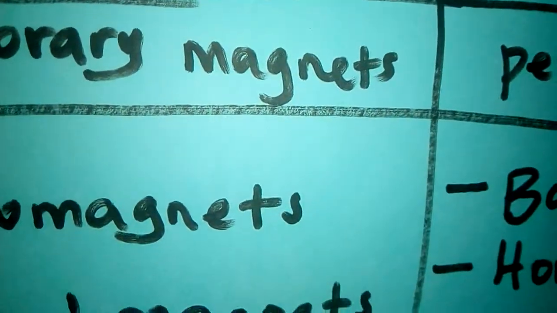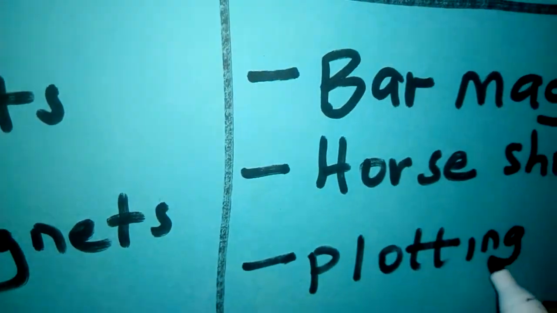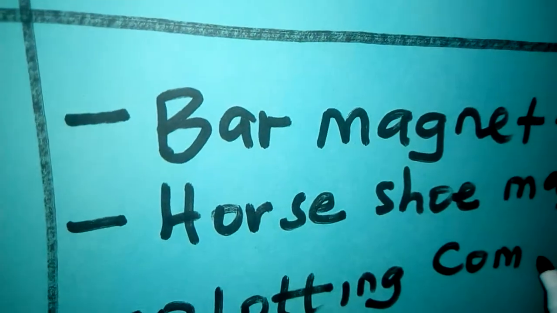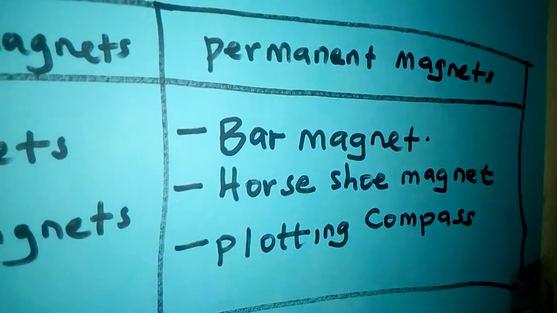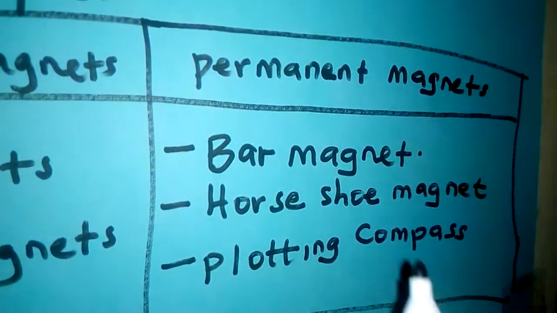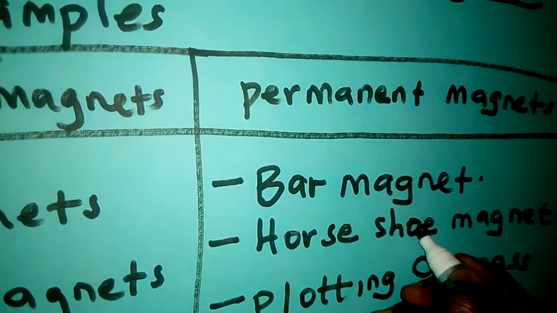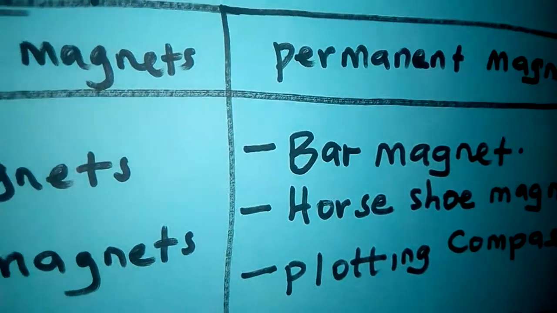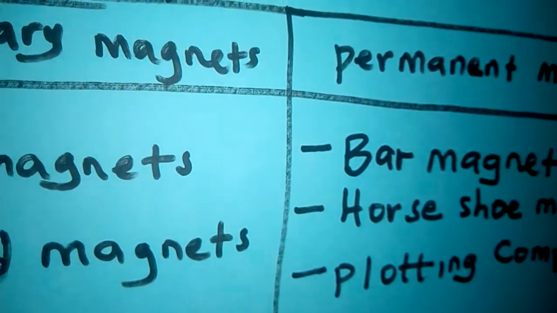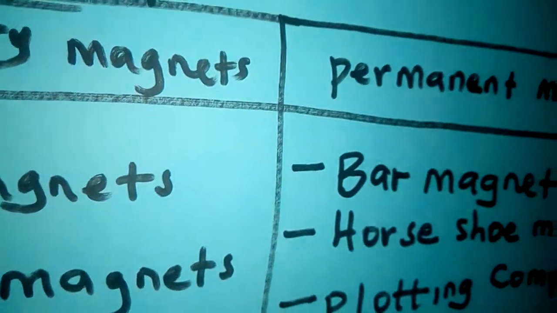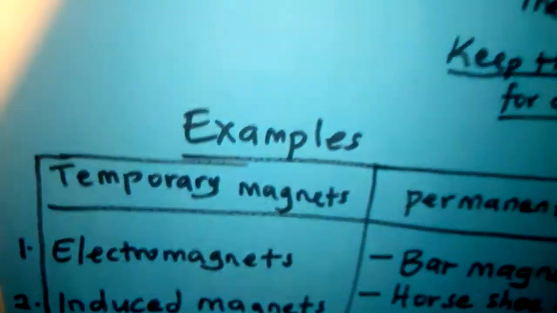And another good example is the floating compass. So these are examples of permanent magnets. They keep their magnetism for a very, very long time. So we have known examples of temporary magnets and examples of permanent magnets.